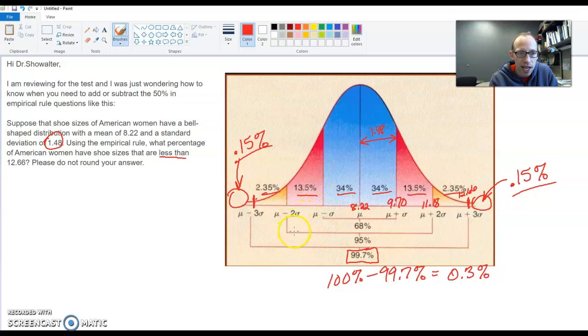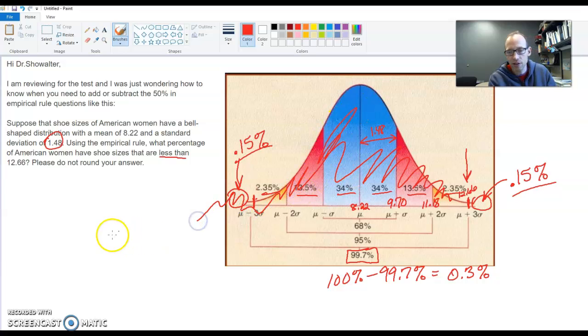Okay, now the question asks us what percentage of American women have shoe sizes less than 12.66? Well, right here is 12.66. So that basically means all of this area, all the way out to infinity, is the area we're looking for. Again, because we're looking at less than. I mean, it's almost all the data.